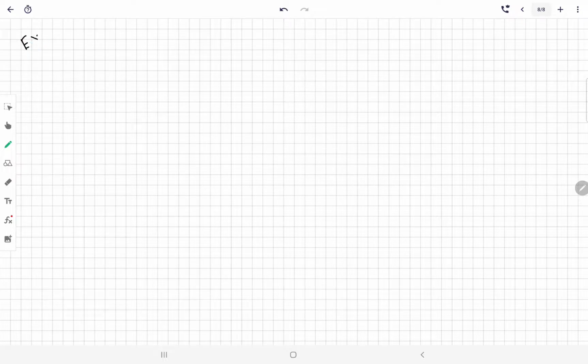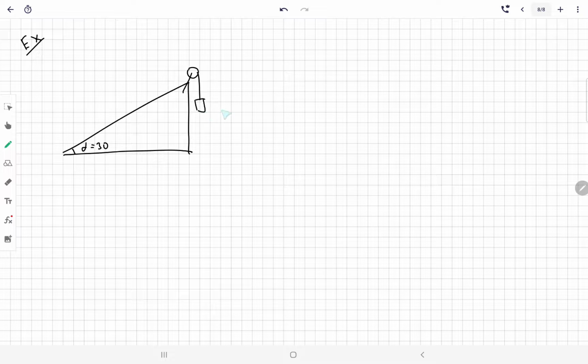One more example, similar to the previous one, but in this case we have an inclined plane, 30 degree. Here we have a smooth pulley. Here we have a M1. Here we have a M2, connected with a massless rope. Here we have a coefficient of friction equal to 0.1 again.